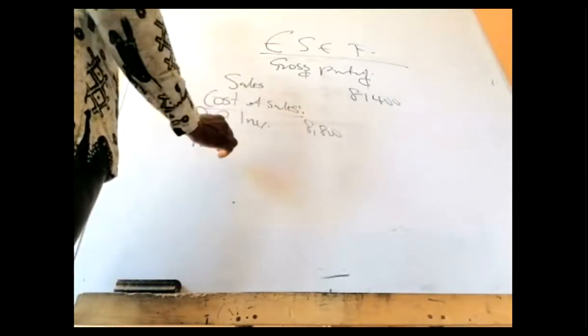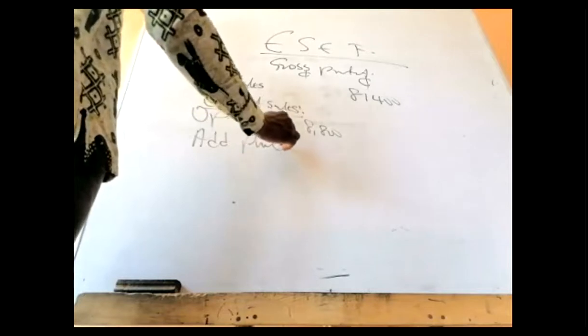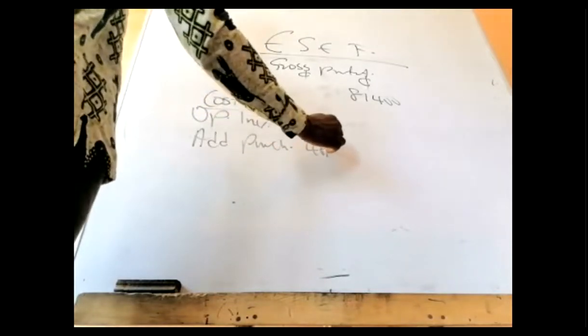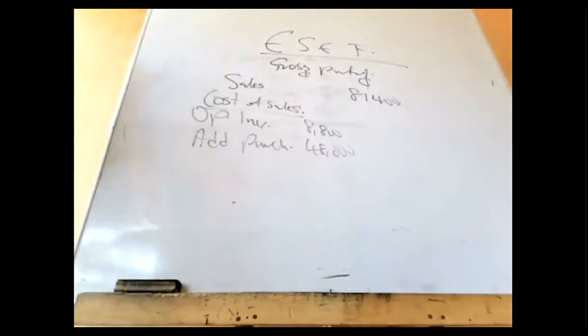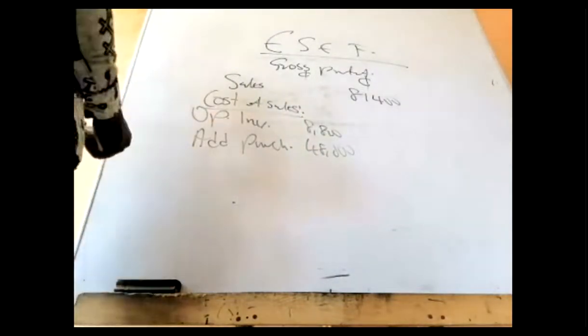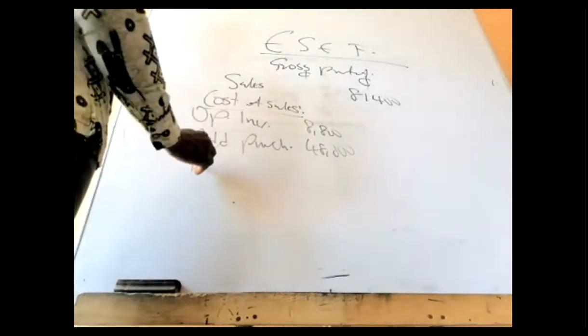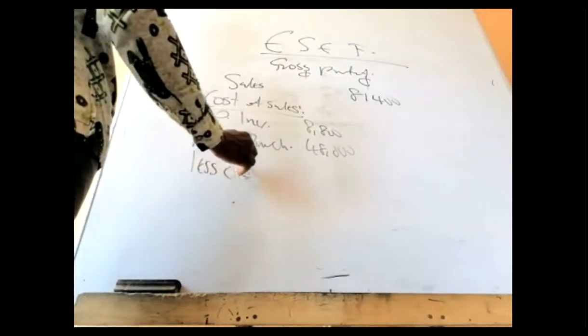Add purchases, which was 48,000. Less your closing inventory.